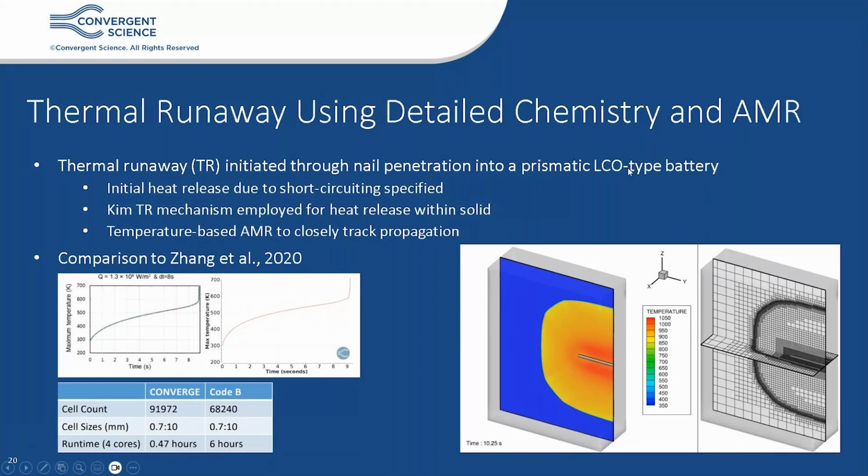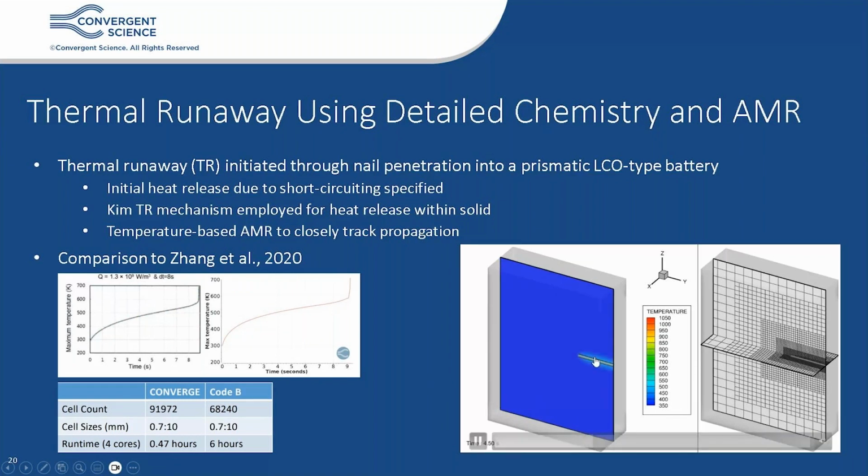In this particular example, we are seeking to model thermal runaway initiation and propagation within a prismatic lithium cobalt oxide type battery. The nail penetration event causes a local short circuit. The local short circuit will release heat, and temperature in the vicinity of the nail will start to increase. And as temperature rises based on local conditions, the reaction rates will increase, and soon you will have a sharp thermal runaway propagating inside this particular battery.